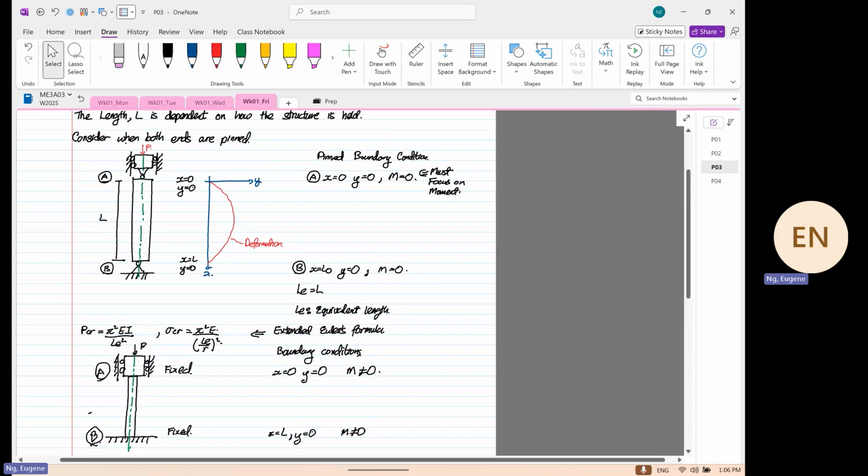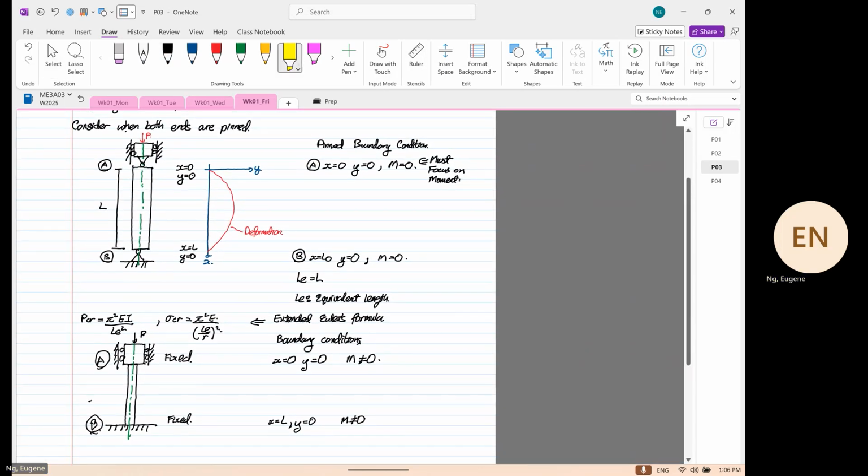Now, whether it is pinned or fixed, it is dependent on the moment.